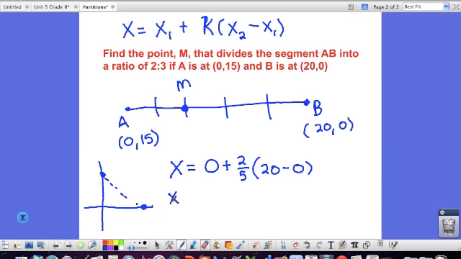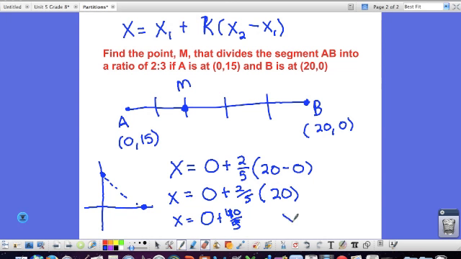So now we're actually going to do some solving. Plus 2/5, 20 minus 0 is 20. So 2/5 of 20, 2 times 20 is 40 divided by 5. 40 fifths. 40 divided by 5 is 8.